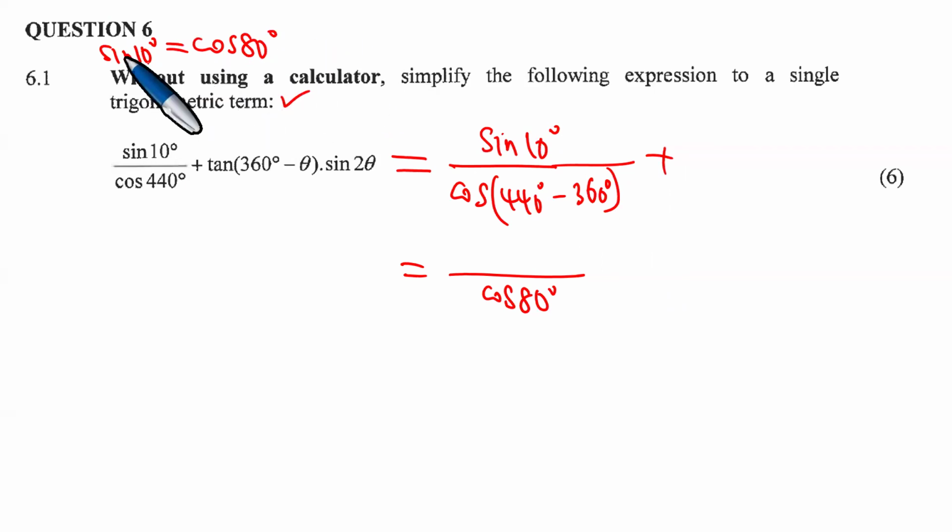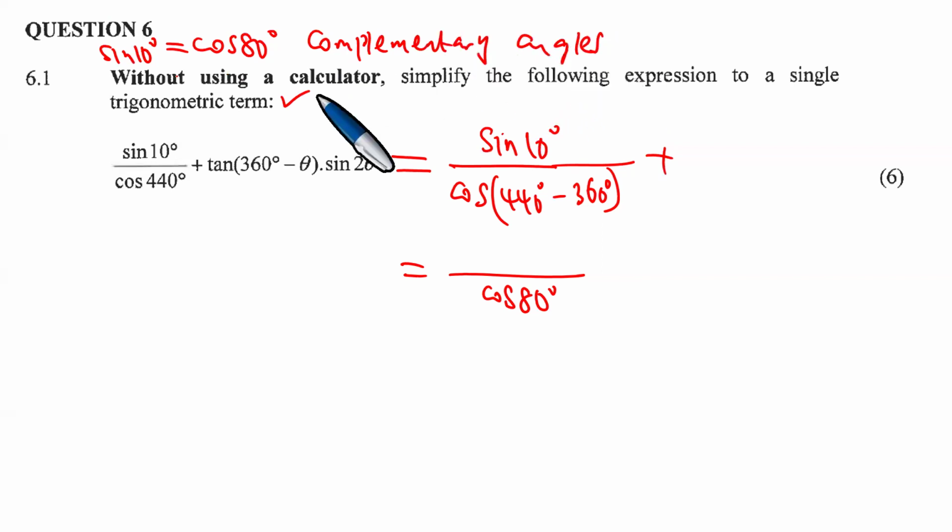Also, 10 degrees and 80 degrees, when you add them, you get 90, and they're called complementary angles. The complementary angles are those angles whose summation is 90 degrees. So if you add the 10 and the 80, you get 90 degrees.